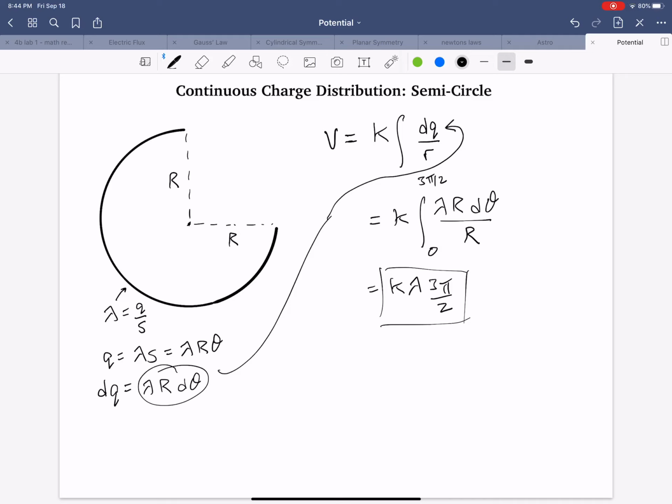In this case, it was the angle theta. Other problems might be a length, so dl or dx. For two-dimensional surfaces, it may be an angle and a radius at the same time. But at least for this semicircle, this is it.